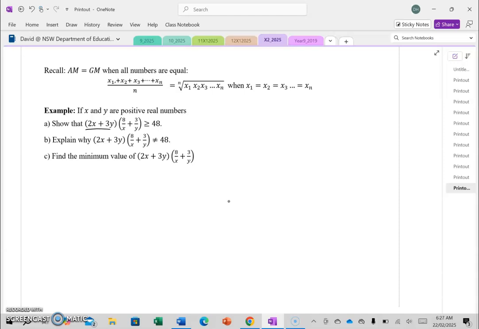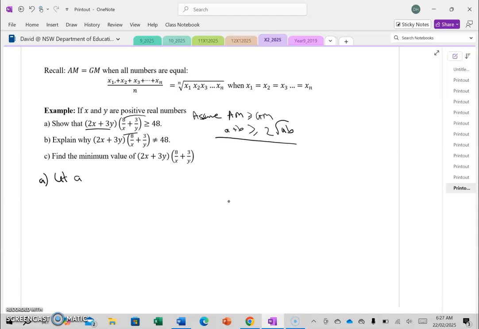It's looking like AM-GM for two numbers twice. Let's just assume somewhere in the question it mentions that we can use AM-GM: a plus b on 2 is greater than or equal to root ab. Let's imagine that that's in the question.